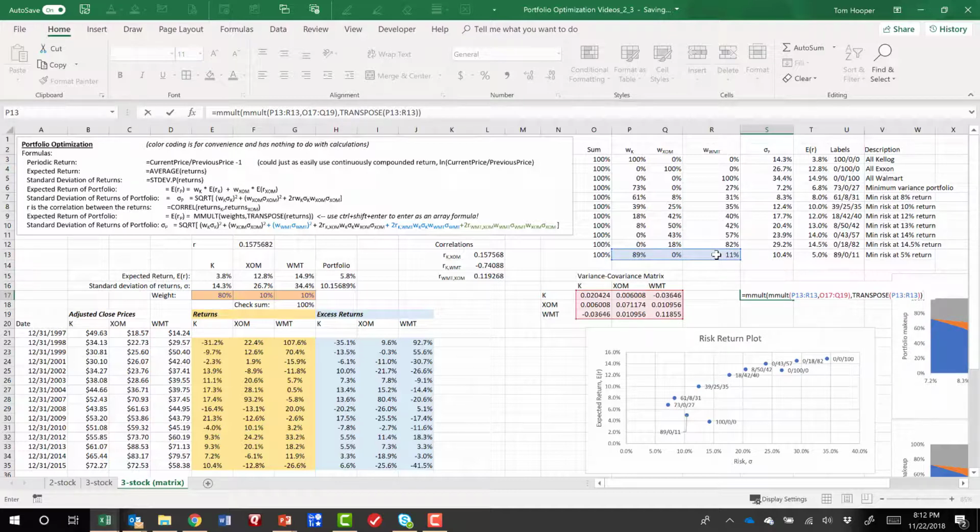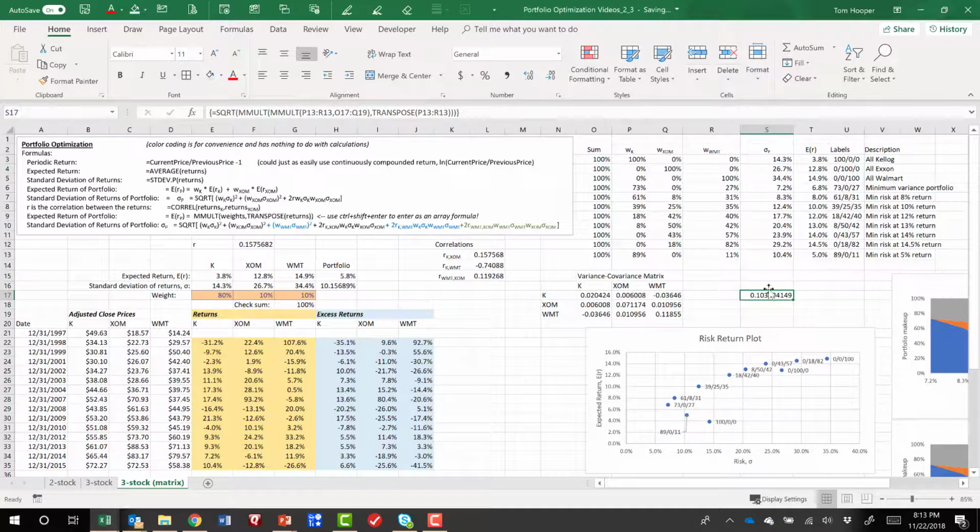And then we'll Control Shift Enter to calculate that. That gives us actually the variance of the portfolio, and we want the standard deviation, so we'll take the square root of that. And again, to enter it, Control Shift Enter. And that standard deviation of the portfolio matches the standard deviation that we found with the same weights.